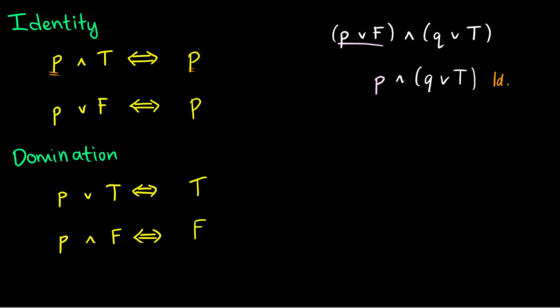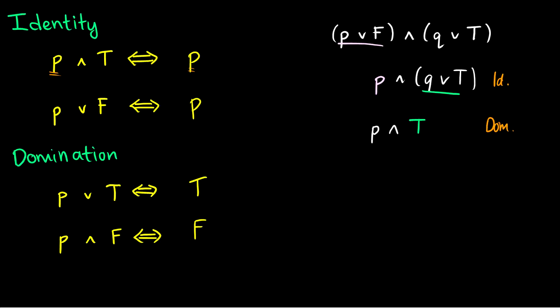Now let's do Q or T. So we'll have P and then what is Q or T? Well, this is the domination law, which means we're going to get true out of it. Now we're left with P and T. So what happens now?